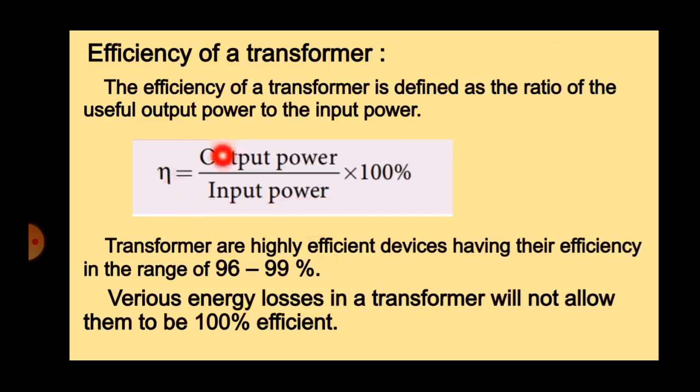This is the important formula: eta is equal to output power divided by input power, times 100 percent. Transformers are highly efficient devices, having efficiency in the range of 96 to 99 percent. Various energy losses in a transformer will not allow them to be 100 percent efficient. This is a very important 5-mark question, transformer.